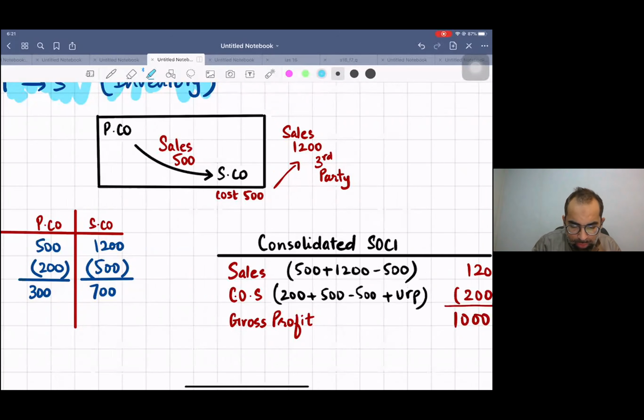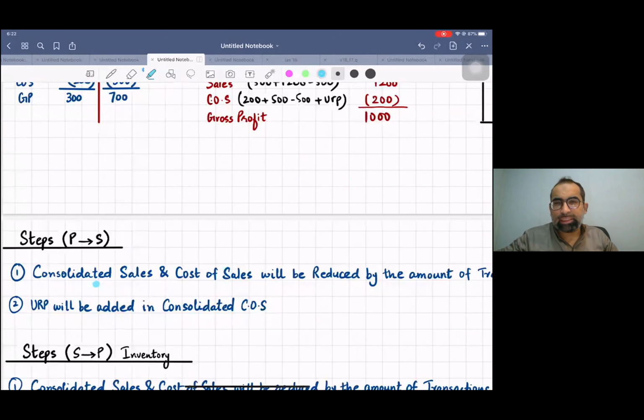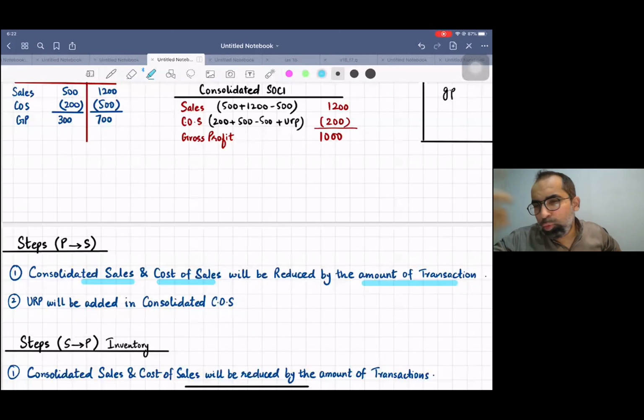First step, consolidated sales and cost of sales will be reduced by the amount of the transaction. Whatever transaction is done, we'll remove it from sales and cost of sales. So right now in this question, that number is 500. So we'll remove 500 from consolidated sales and consolidated cost of sales.